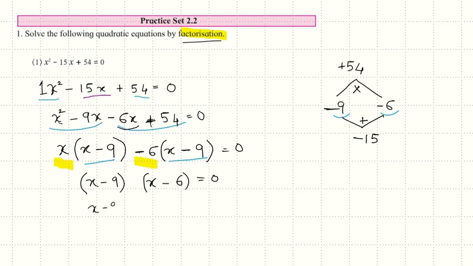Therefore, x minus 9 is equal to 0 or x minus 6 is equal to 0. So x is equal to plus 9, minus 9 going to the right-hand side, or x is equal to plus 6. Therefore, 9 and 6 are the roots of the given quadratic equation.